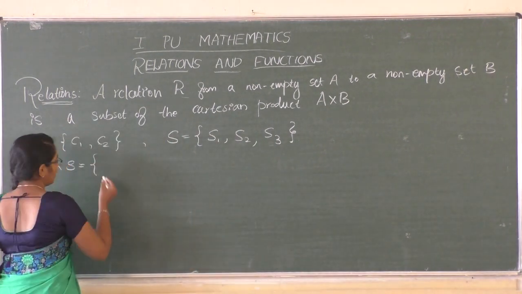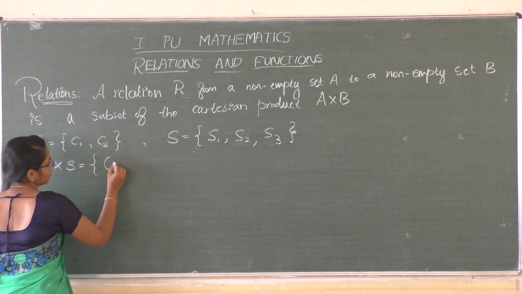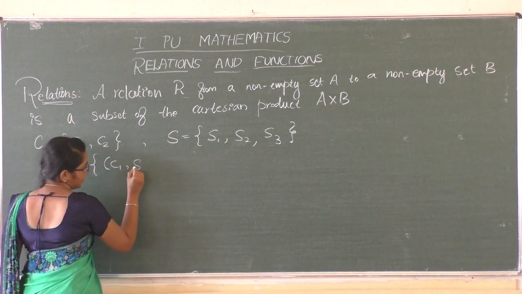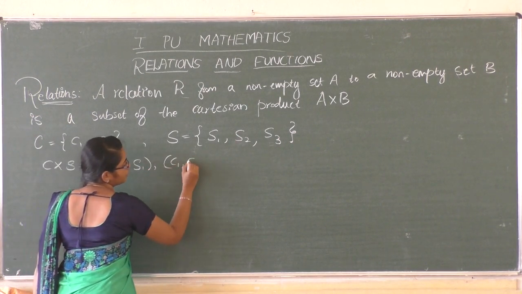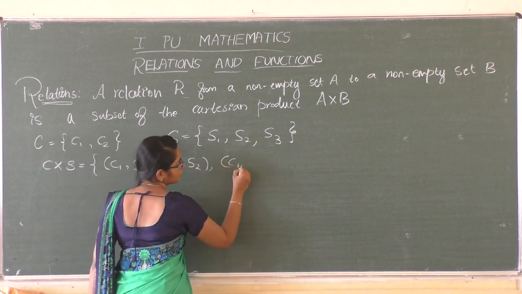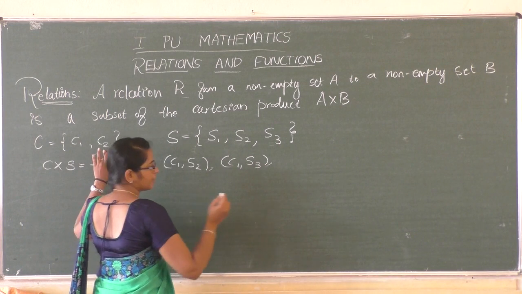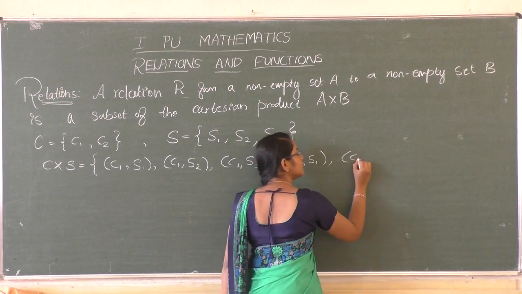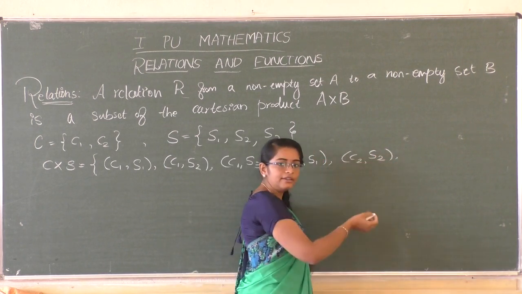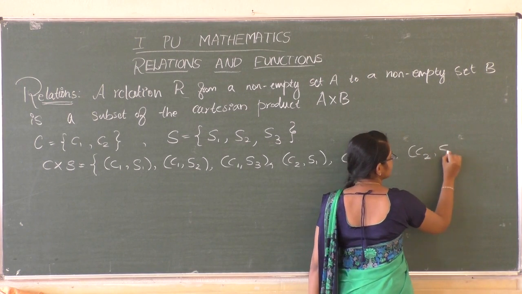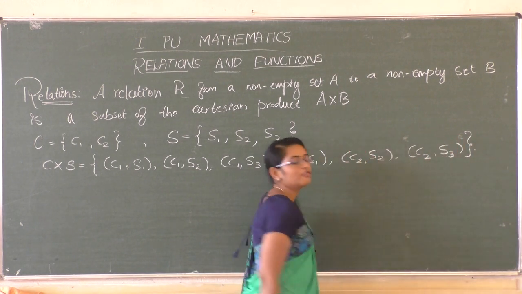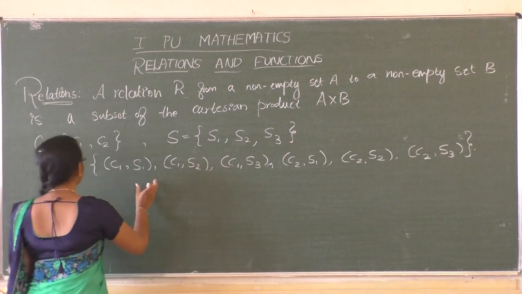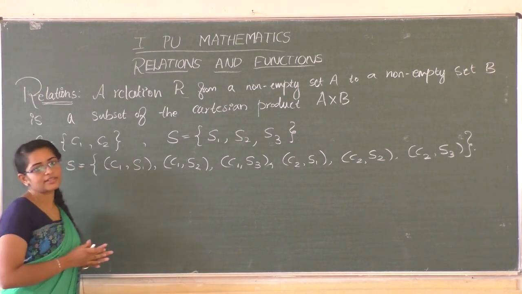Please tell me how to write it here. First element from the first set, it is C1, comma, S1, C1, comma, S2, C1, comma, S3, second element of the first set, C2, comma, S1, C2, comma, S2 and C2, comma, S3. Okay, fine. These are the ordered pairs in the set C cross S.